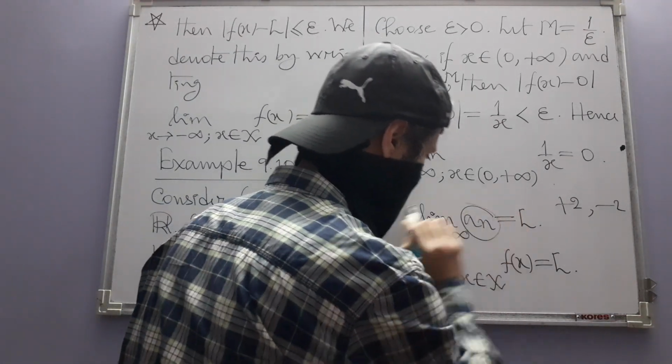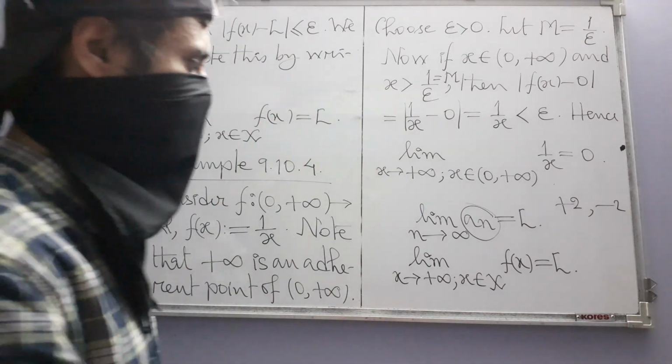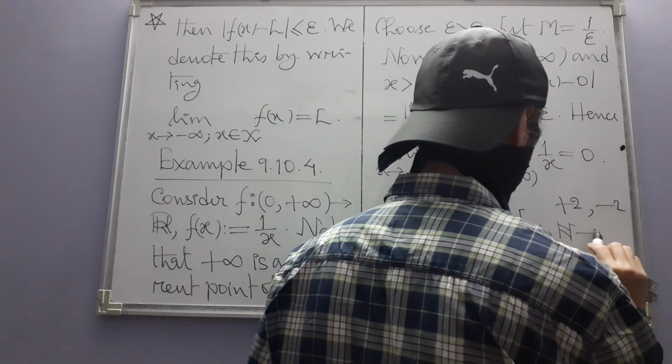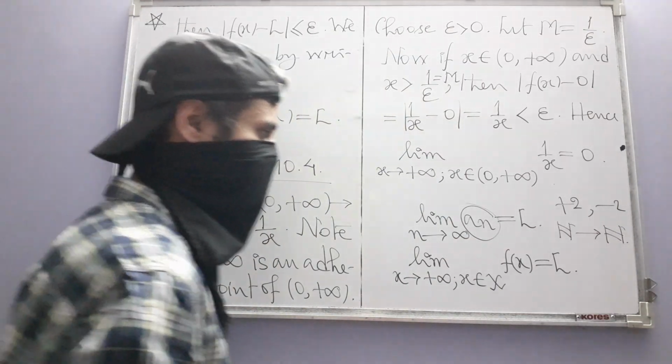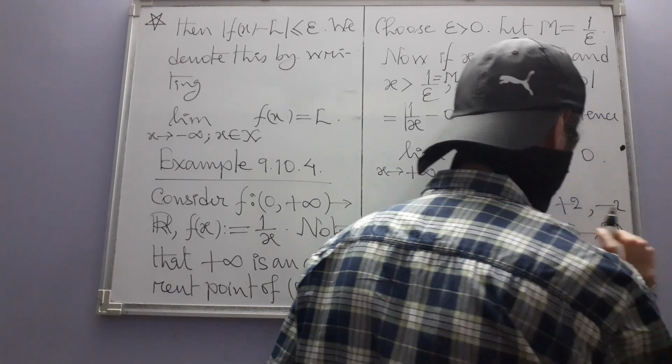Now, is a sequence also a function? Yes, it is a function. For example, this sequence is actually a function from the set of natural numbers into the set of real numbers.